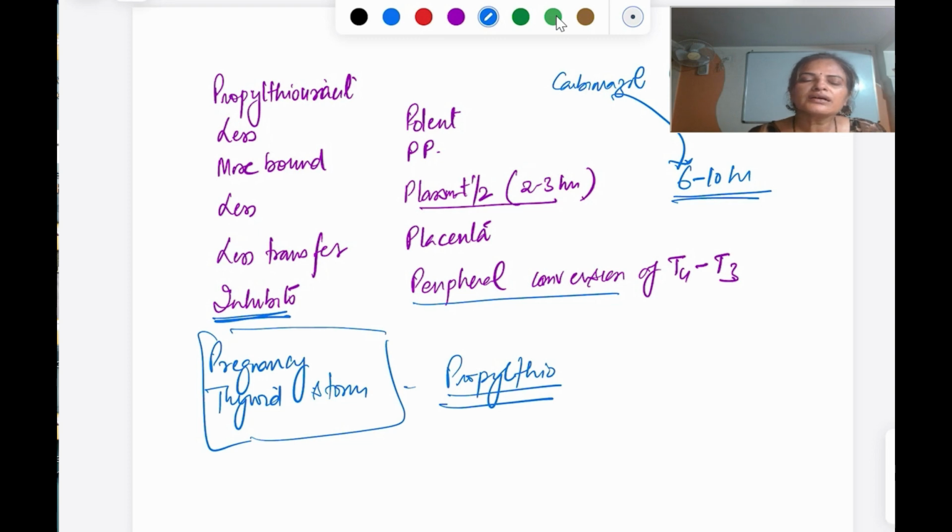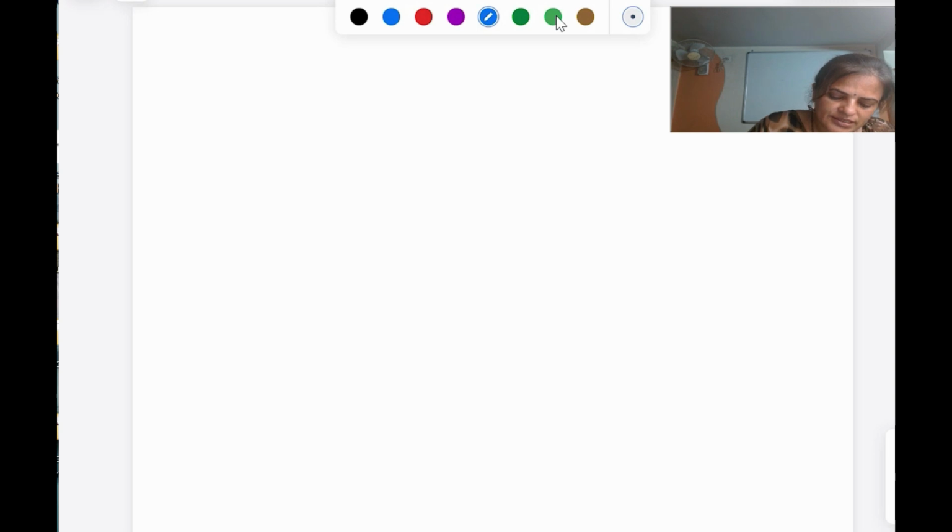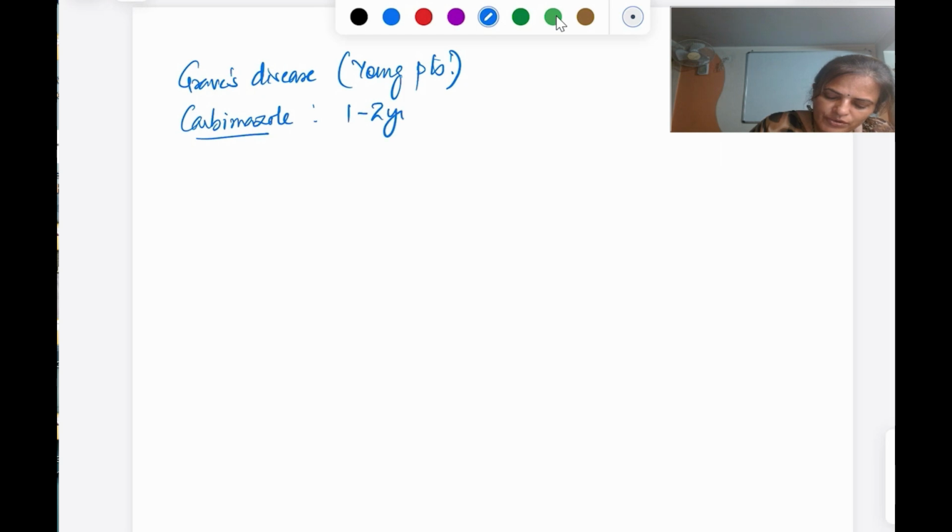In Graves disease, if you give it to a young patient for 1 to 2 years, and there is no cardiac problem, no angina, no CHF, then with carbimazole, 50% of patients will go into remission, and then you can stop the treatment.